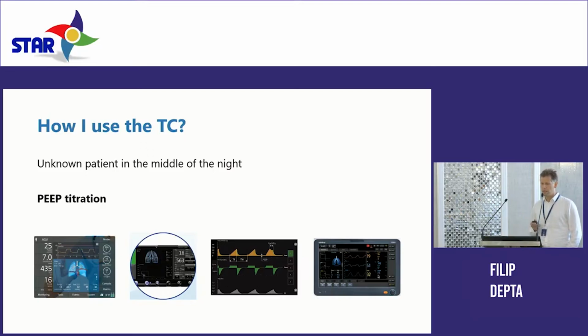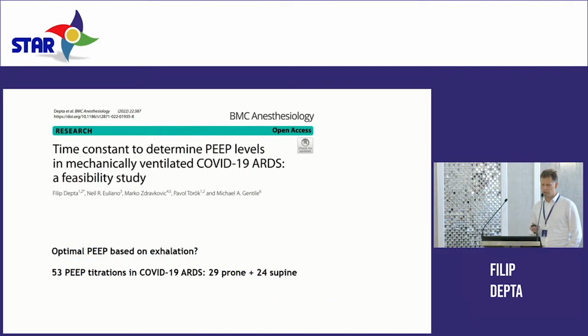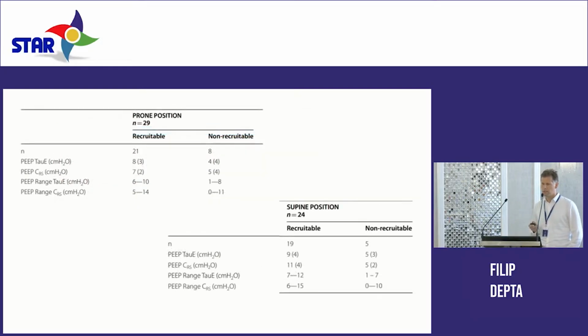And second, I sometimes use it to titrate PEEP. We published a study in BMC Anesthesiology a few years ago, a PEEP titration from a previous trial where we compared compliance with the time constant.